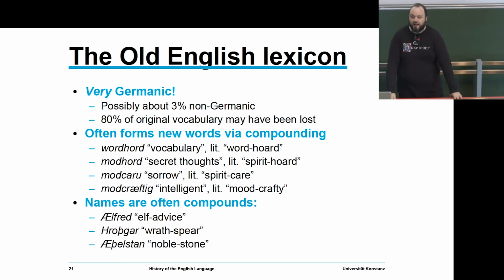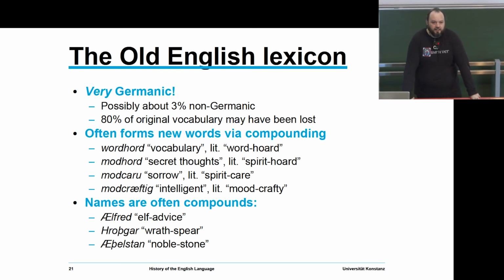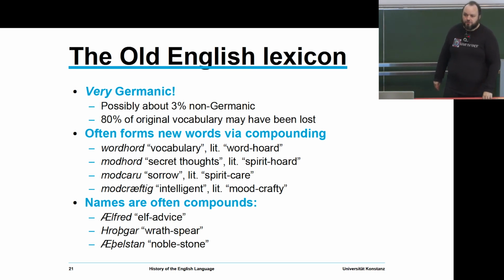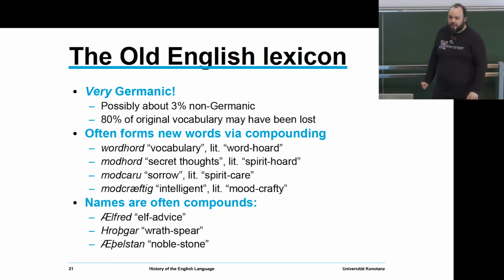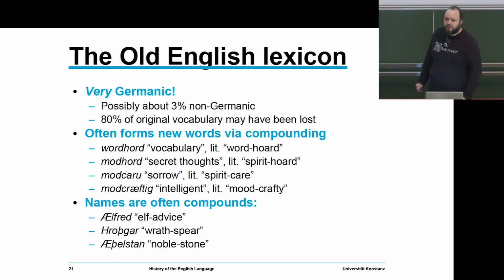So the rad element is like German Rat. So elfrad would be something like elf wisdom or elf advice or elf counsel. Right. So that's Alfred. Hrothgar, this is a character in Beowulf, and this means wrath spear, like anger spear.